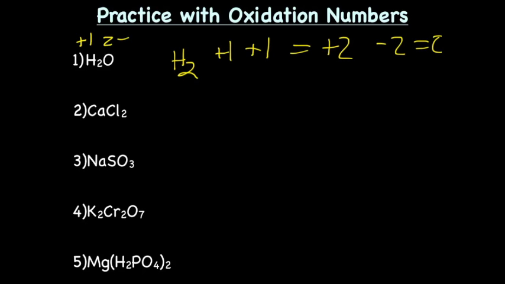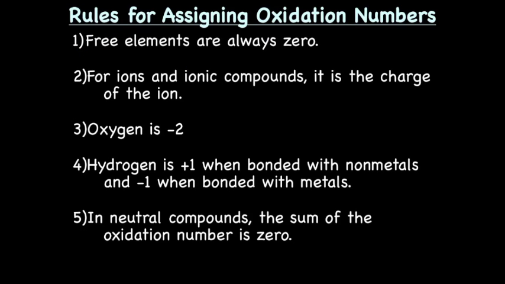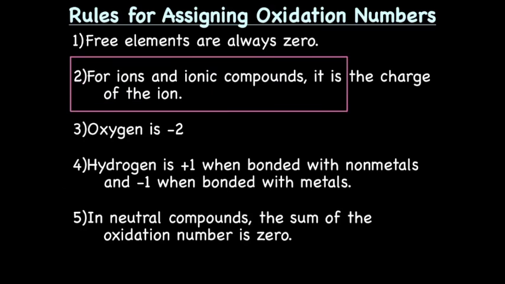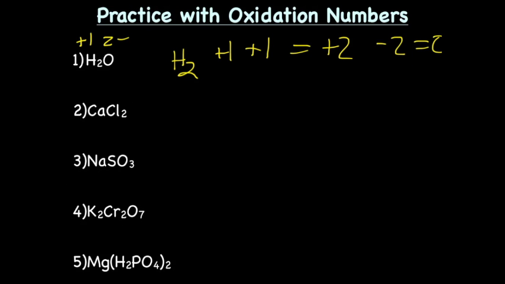Okay, let's try calcium chloride, or CaCl2. Let's look at our rules and see what could apply here. Those are not free elements, but this is an ionic compound, and so the oxidation number is going to be the same as the charge of the ion. So the charge on a chlorine is 1-, right?